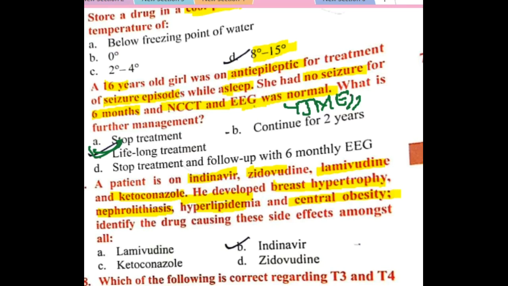The side effects are actually caused by the drug indinavir. Indinavir is a protease inhibitor which will cause these side effects of breast hypertrophy, nephrolithiasis, hyperlipidemia and central obesity. Then next question.